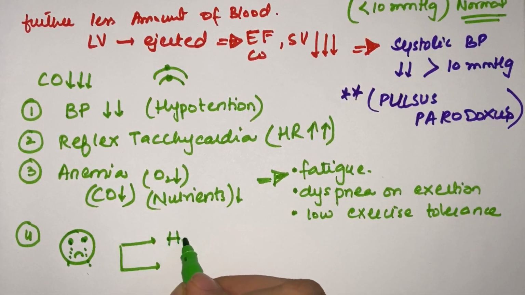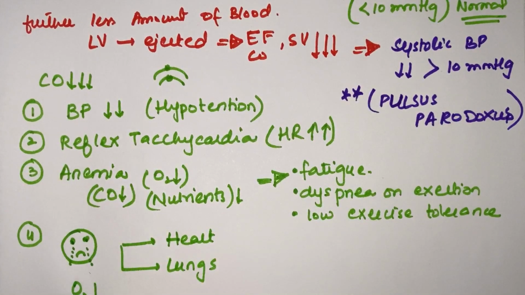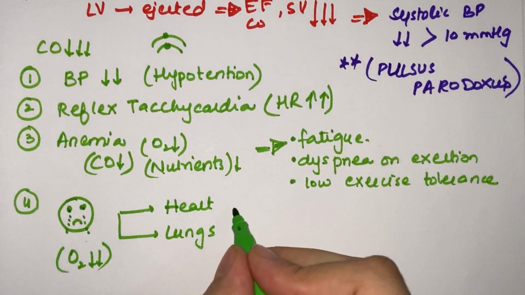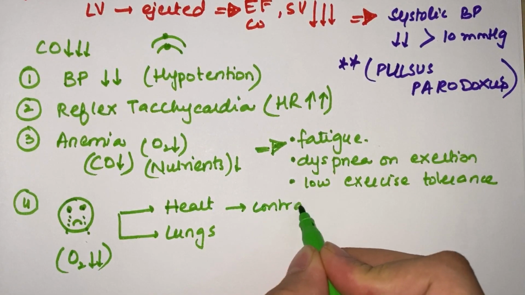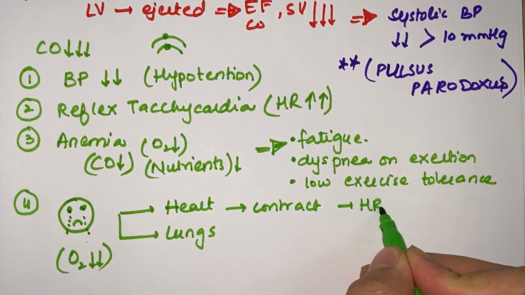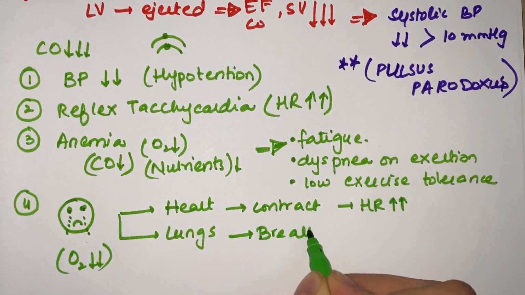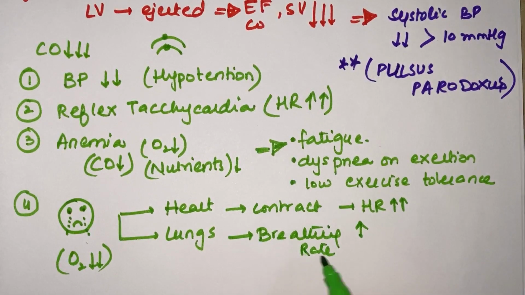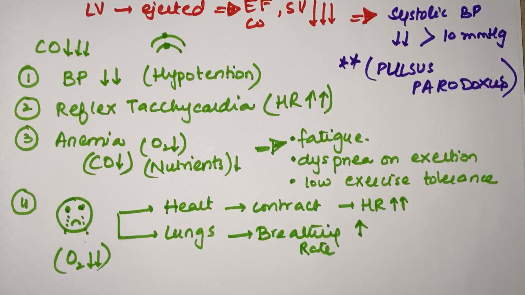One is our heart and the other is the lungs. Whenever there is less oxygen in the body, the heart has only one ability, it can contract more. Fine, so heart rate will be increased. The lungs will undergo contraction and relaxation more, so breathing rate will be increased. So the patient will also have increased heart rate and increased breathing rate.